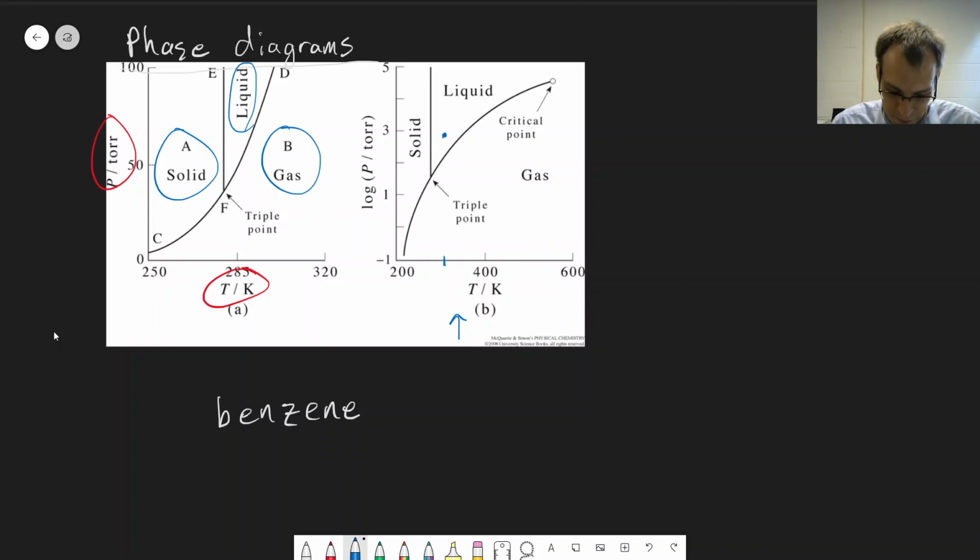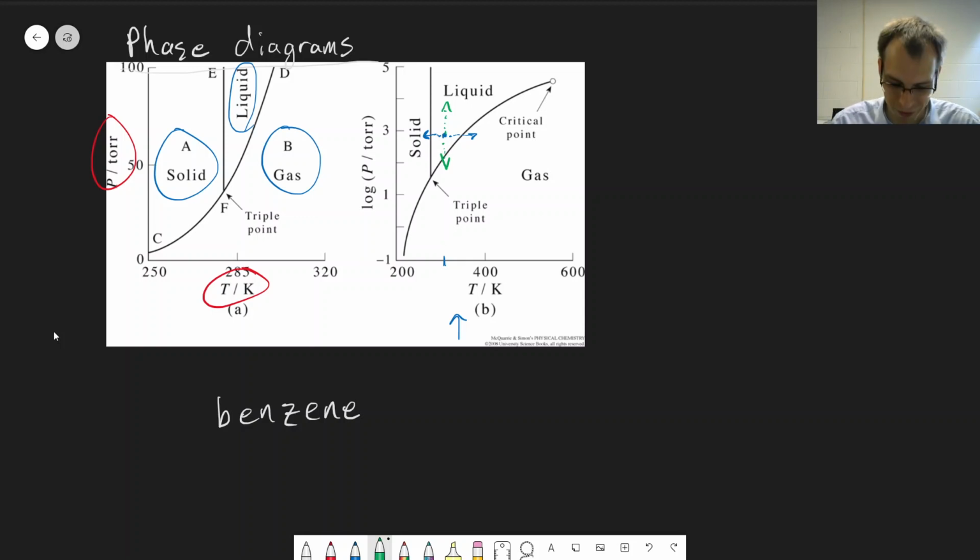If we cool it down, of course, we can see that it's going to turn into a solid, and if we heat it up, it'll turn into a gas if we keep it at atmospheric pressure. The other thing we can do, so if we move left and right along this temperature axis, we're looking at changes in temperature. The other thing we can do, of course, is go up and down and do changes in pressure. So if we increase the pressure sufficiently, nothing happens.